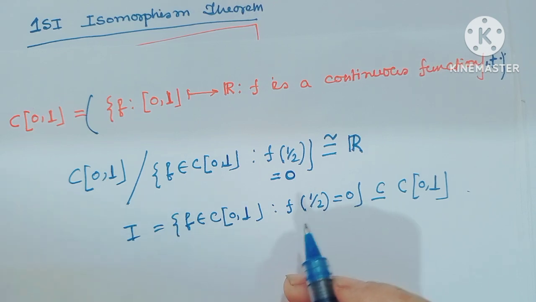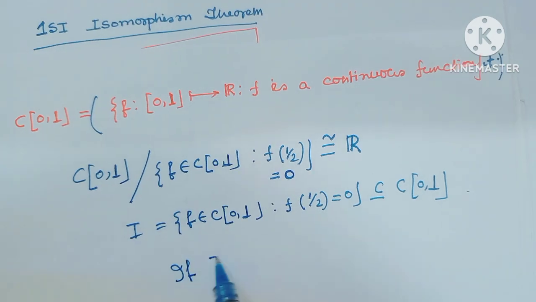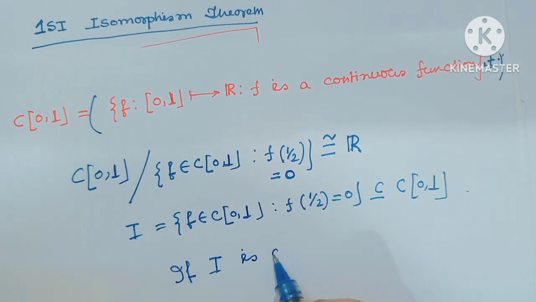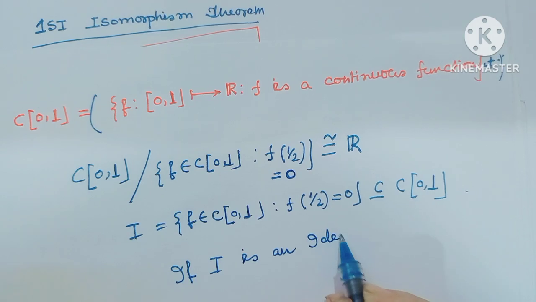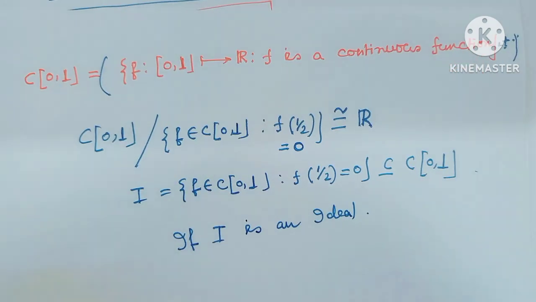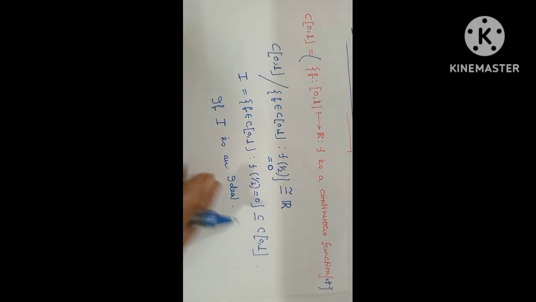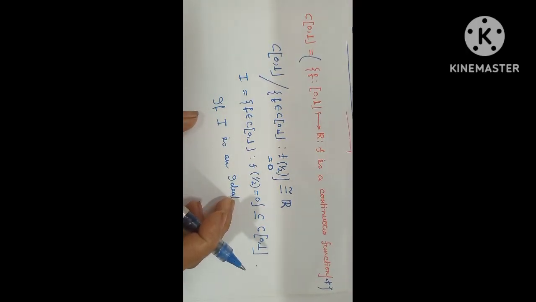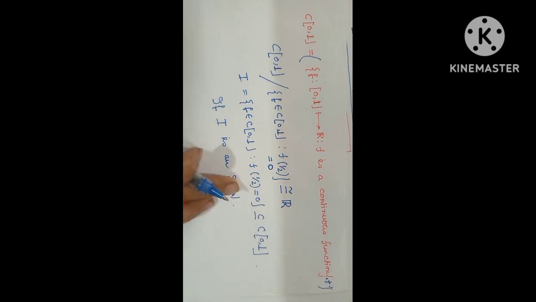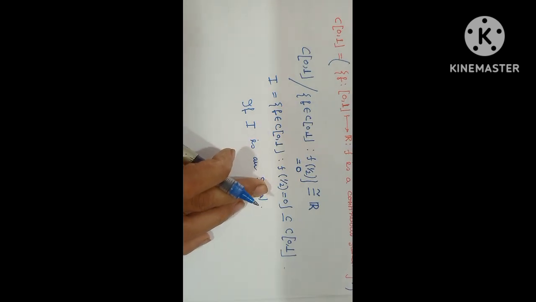At first, prove: is I an ideal? If I is an ideal, then I obviously equals the kernel. Try it yourself. Obviously this would be an ideal in C[0,1]. And here the function is of such a type.